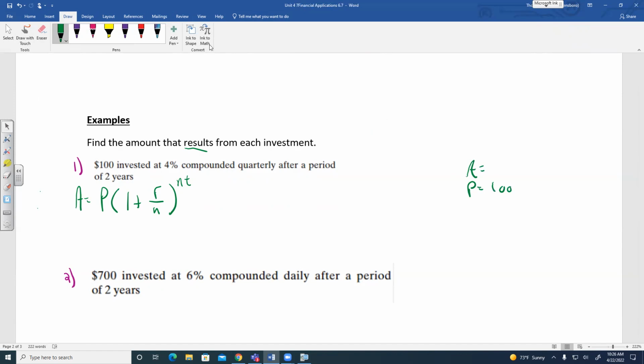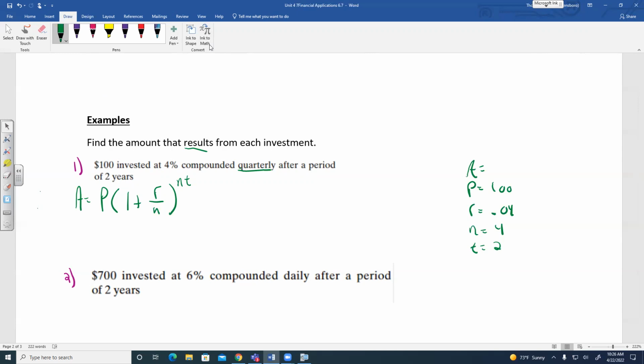The other piece we need is r. Notice 4% is our annual interest rate, so it's 0.04. It's compounded quarterly, so quarterly represents our value for n, which is 4. And after a period of two years, that's our time, t, which is 2.